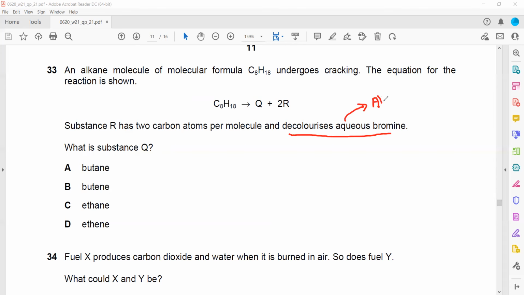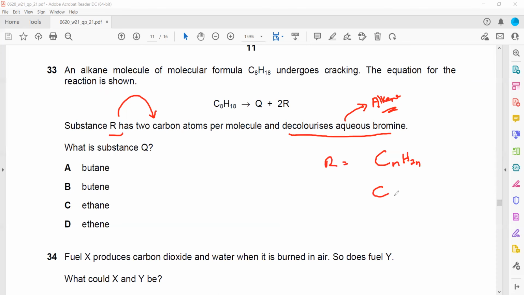Alkenes can decolorize bromine. And the substance R has 2 carbon atoms. So which alkene has 2 carbon atoms? The general formula of alkenes is CnH2n. So R is actually an alkene.